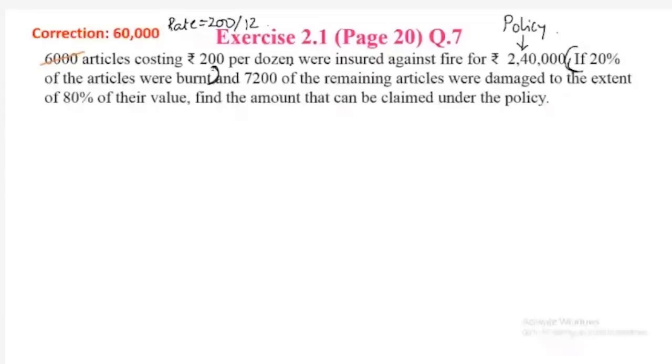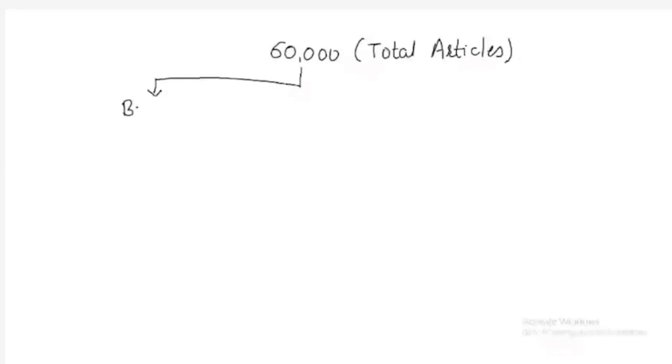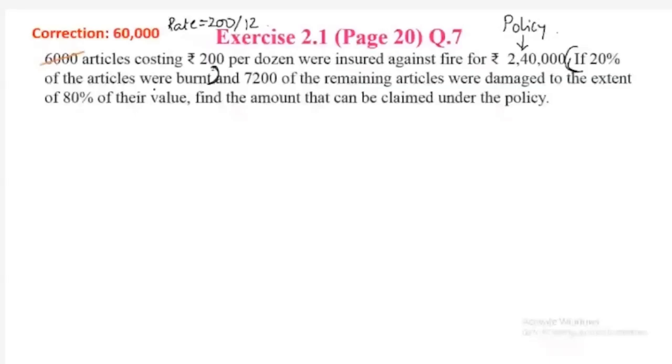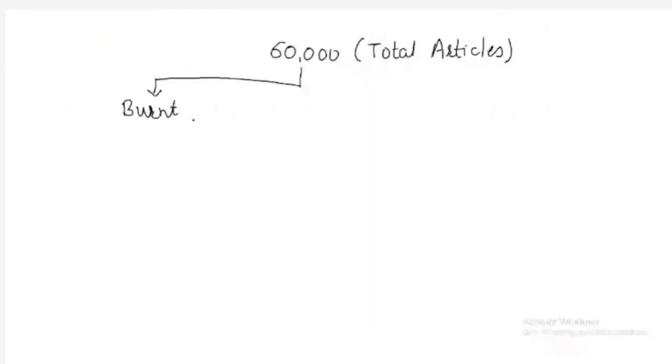Now, what happens to this 60,000? Out of 60,000, 20% is burned. How much is burned? कितना बर्न हुआ है परसेंट में? पहला 20%.